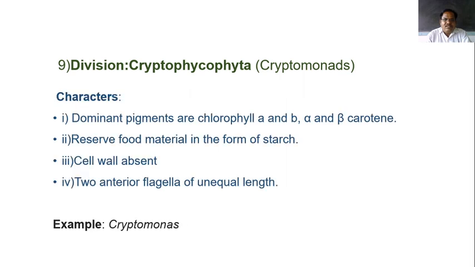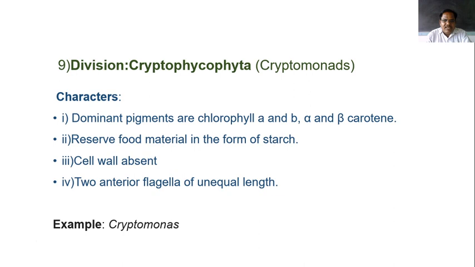The last division is known as Cryptophycophyta. The dominant color pigments are chlorophyll A, chlorophyll B, alpha and beta carotene, and reserve food material is in the form of starch. In this one, the cell wall is totally absent, and there are two anterior flagella of unequal length.